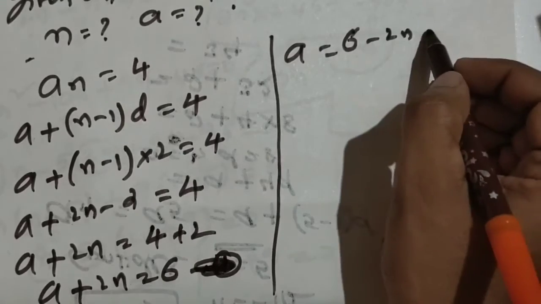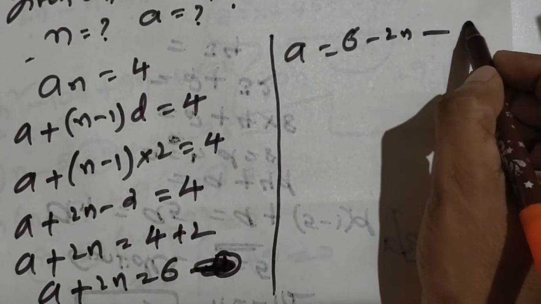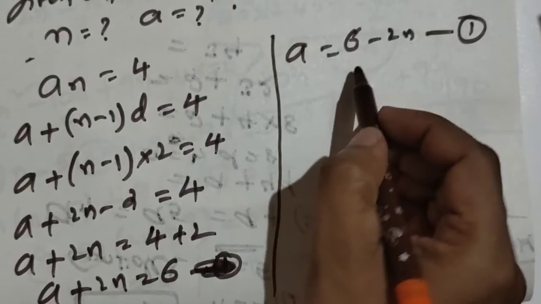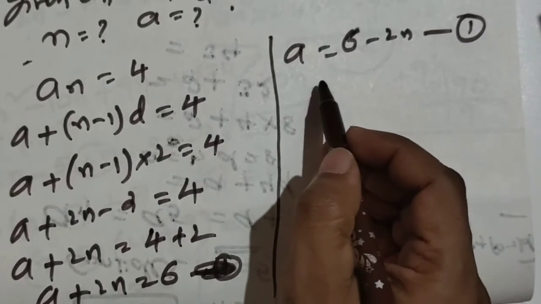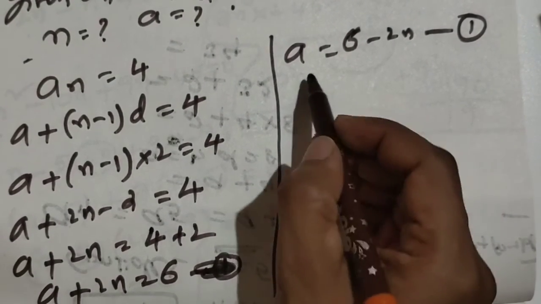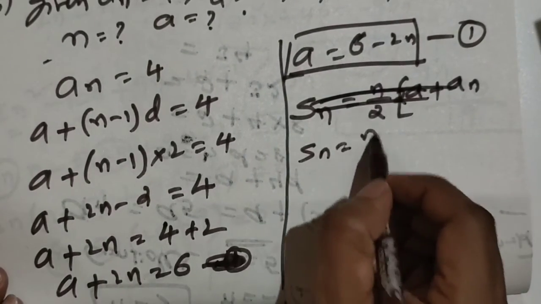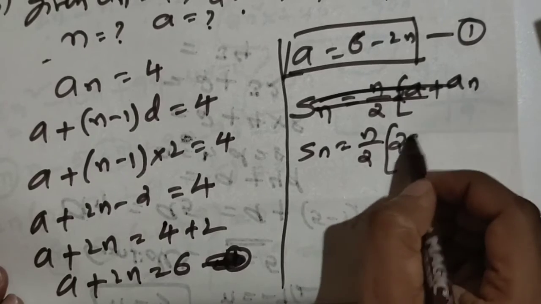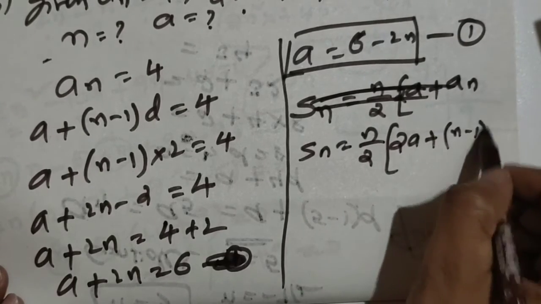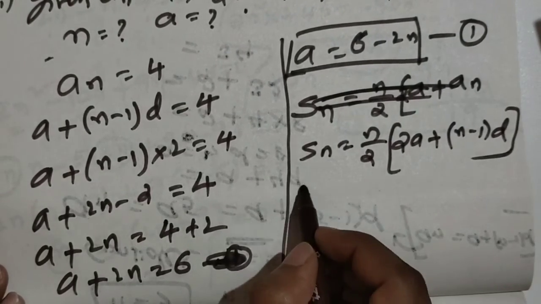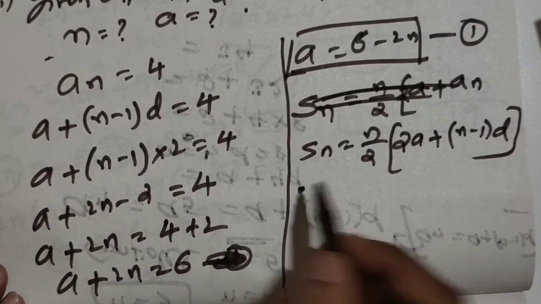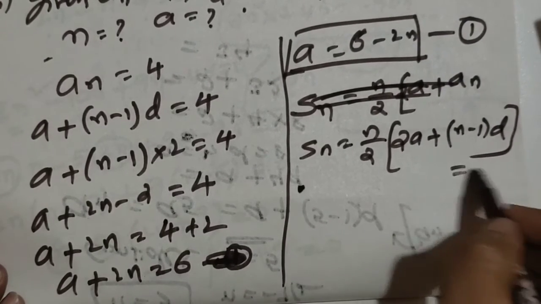Just like we have to get an equation in terms of n. That is helpful to write the equation for Sn, which is n by 2 into 2a plus n minus 1 into d. So apply here. Sn is here value minus 14, so I am writing on the right side minus 14.